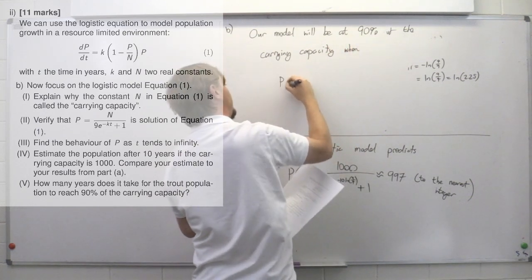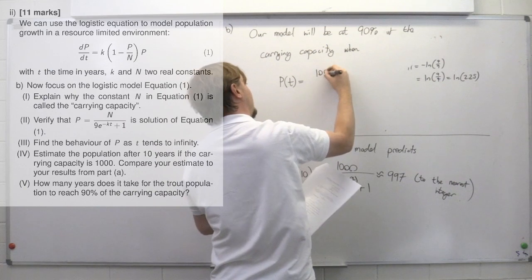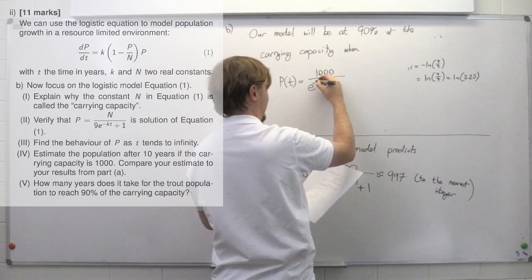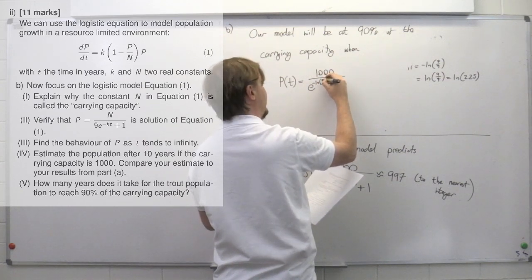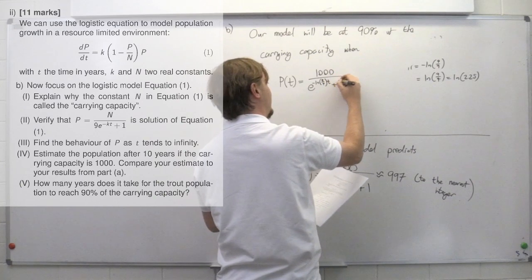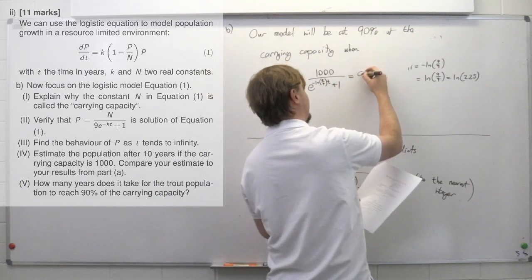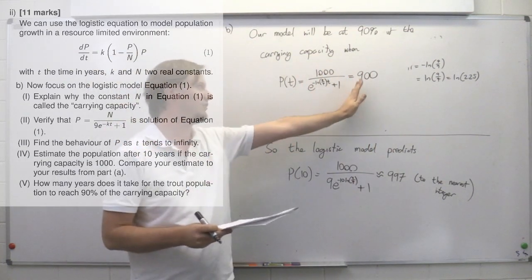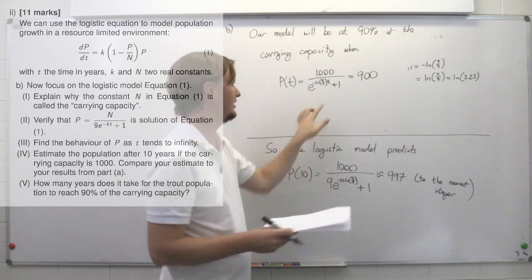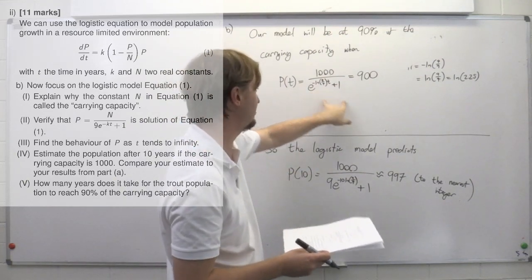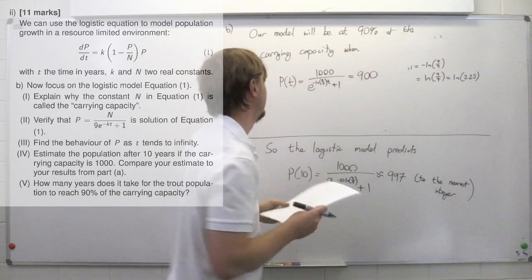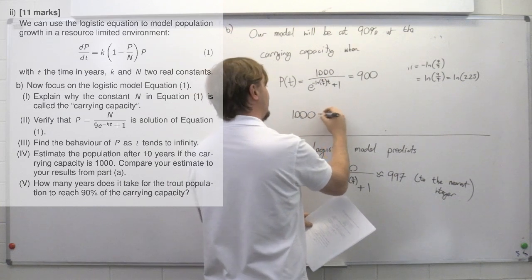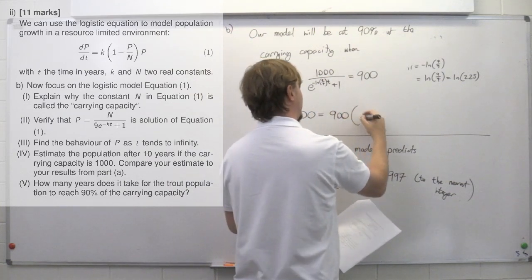Well, it's going to be when P of t, which is 1000 over e to the minus, well, I'll use my k value, which is log 9/4 t, plus 1, is 90% of the 1000, which is 900. So the t value which gives me this. And this is not too bad an equation. I might do it slightly differently than I did before. I might just bring this term up here, so multiply through. So we know that 1000 should be equal to 900 times this.